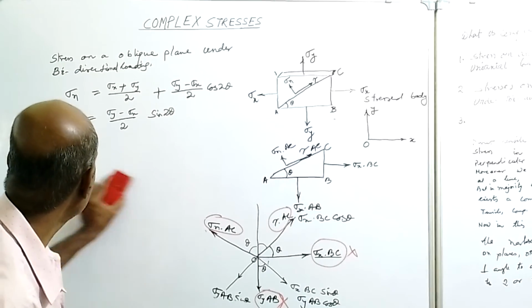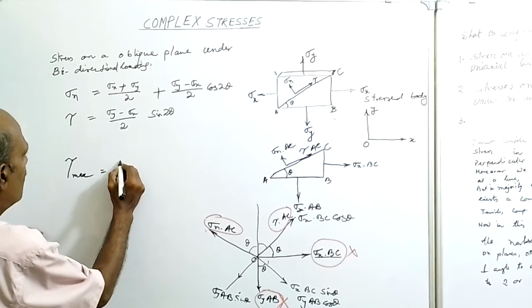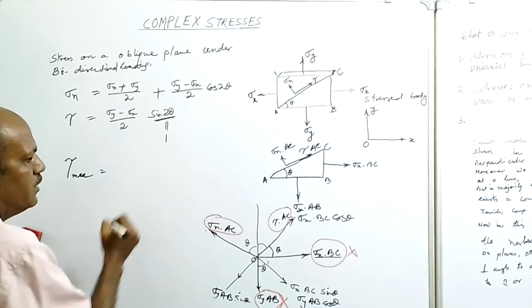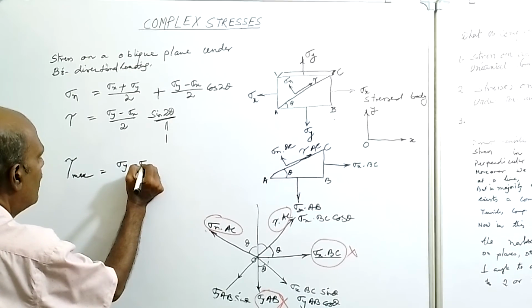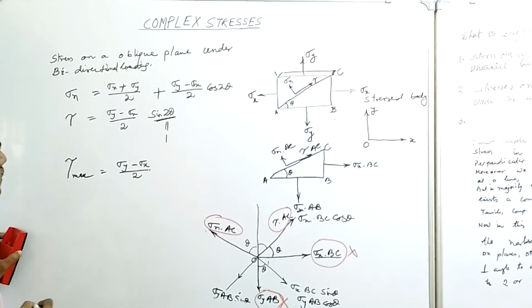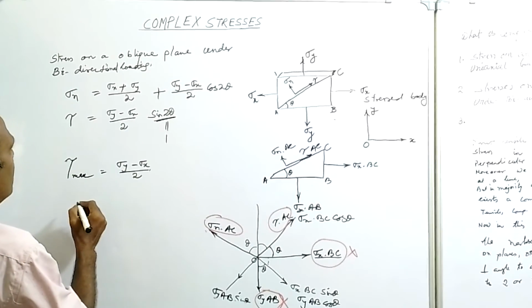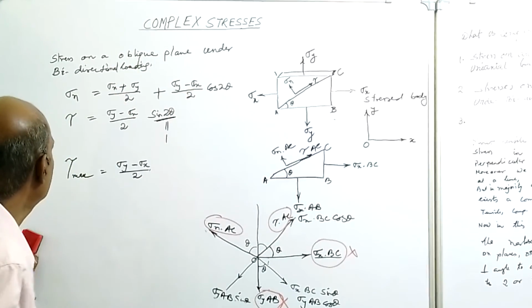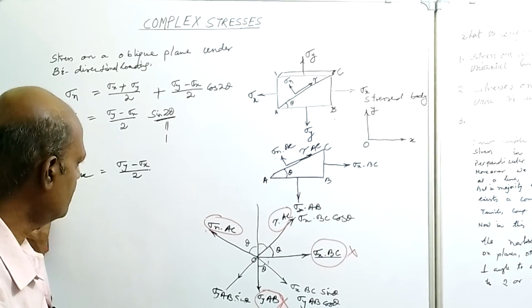Now, what is the maximum tau? Tau max will occur when sin 2 theta will be maximum. What is sin 2 theta maximum value? It is 1. So tau max is given by (sigma y minus sigma x) by 2. Similarly, we can find sigma n maximum value when cos 2 theta is maximum. Okay, leave it. Tau max we have got, and we will come to the rest in the appropriate section.